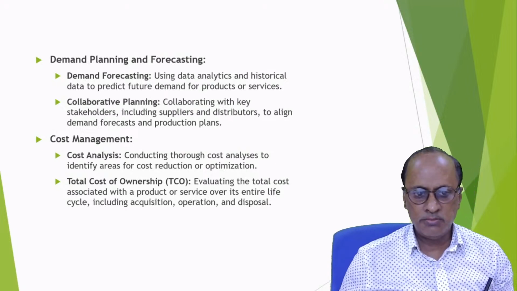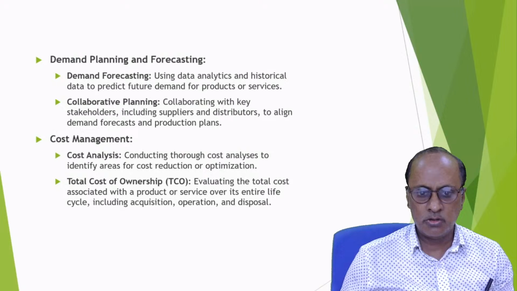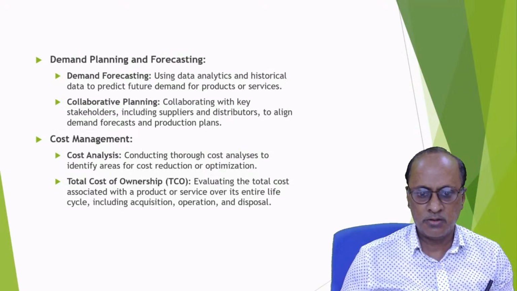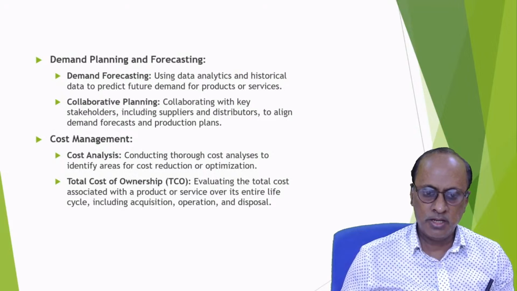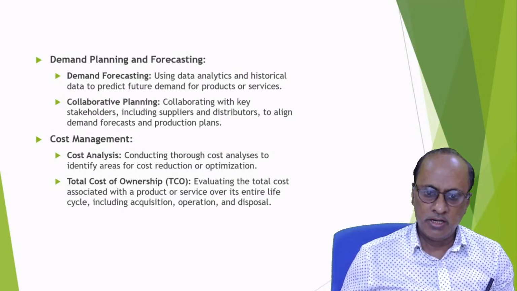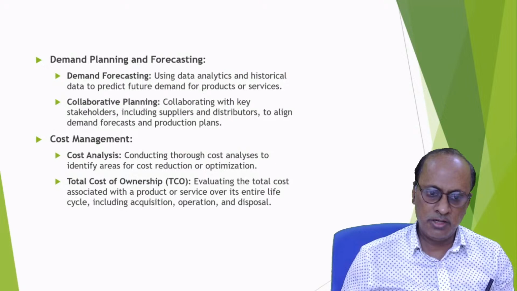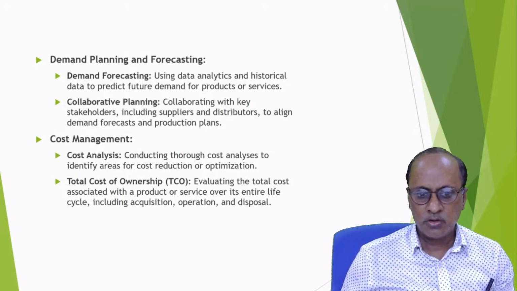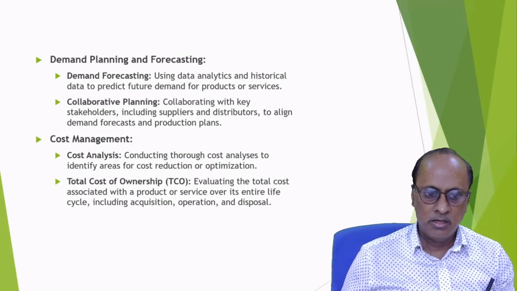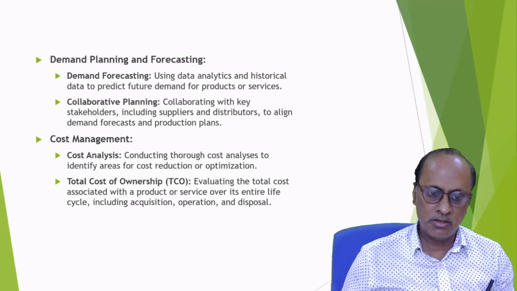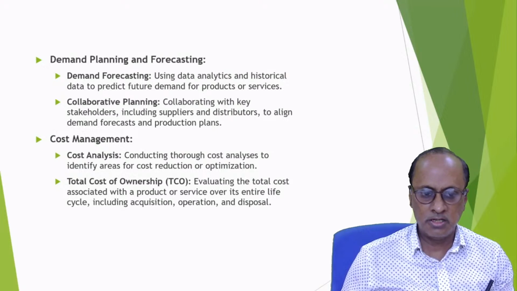Then cost management, cost analysis, conducting thorough cost analysis to identify areas of cost reduction and optimization. In a supply chain, we identify the areas where the cost is very high and we try to reduce the cost of this. And total cost of ownership, evaluating the total cost associated with a product or service over its entire life cycle, including acquisition, operation, and disposal.